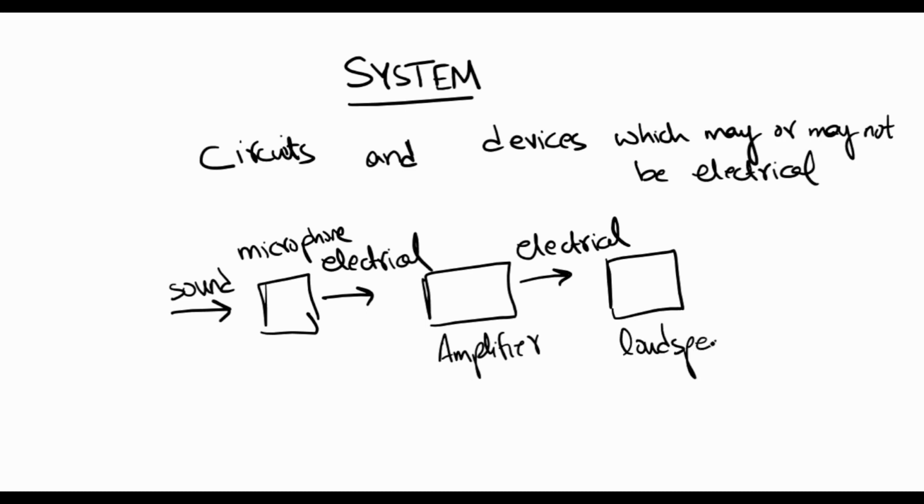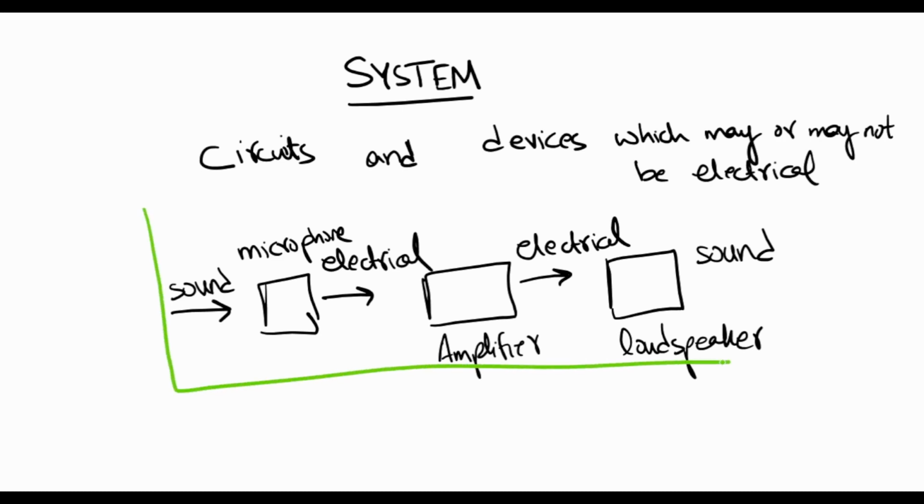A loudspeaker converts this electrical signal again into sound. So this right here, the complete interconnection of one electrical circuit, because an amplifier itself has many devices and together they become an electrical circuit.